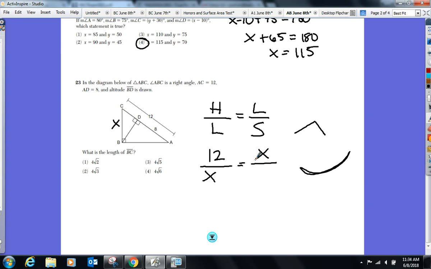You have 2 segments in the diagram, CD and DA. Which one do you use? The one closest to the leg you put into the proportion. So in this case, it would be CD, not labeled, but we can easily find out it's 4. So we have x squared equals 36.